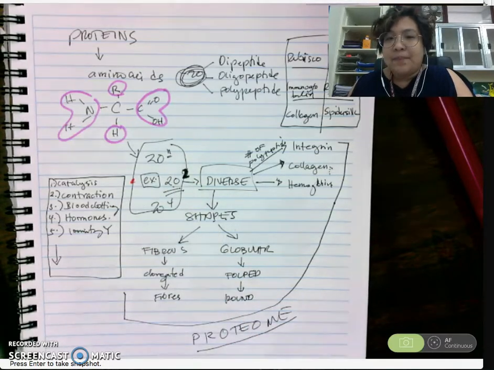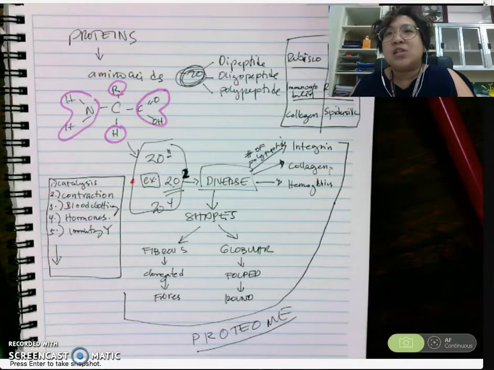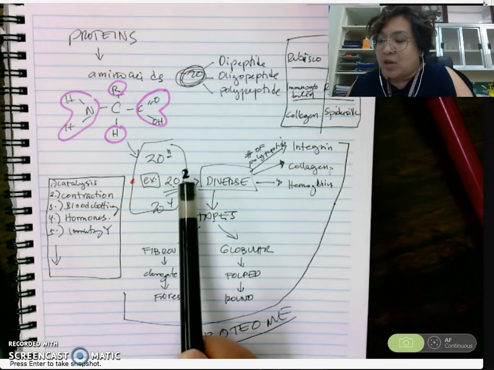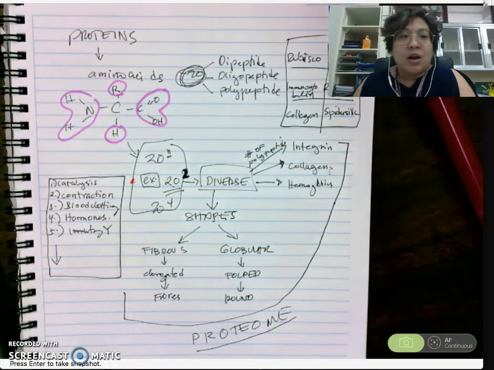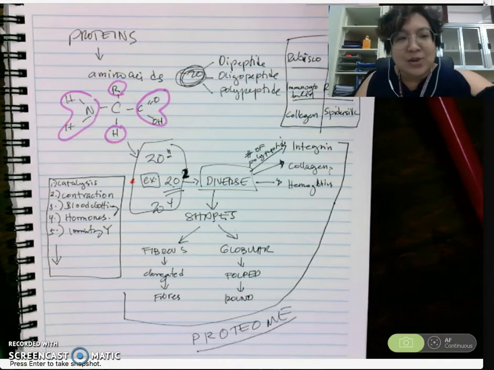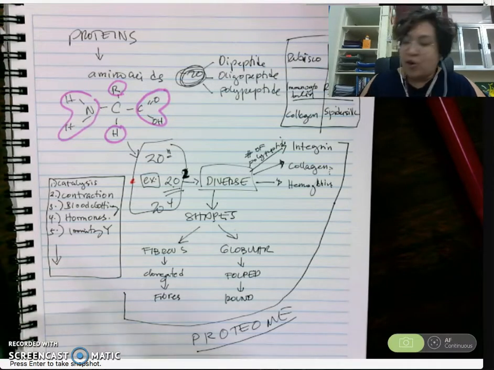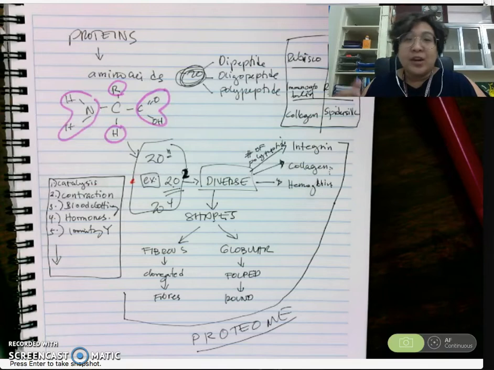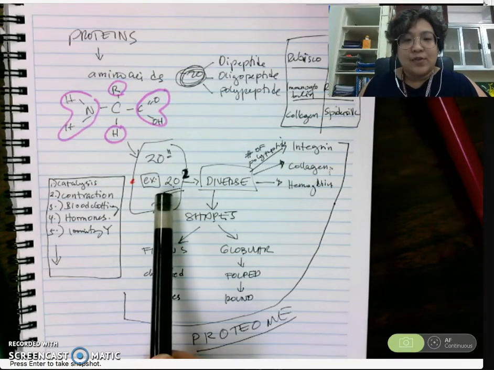So let's say, how many possible sequences can you form if you have a dipeptide? 20 raised to the second power, that's 20 times 20. That's actually simple math. That's about 400 different kinds of combinations or sequences of your amino acids.